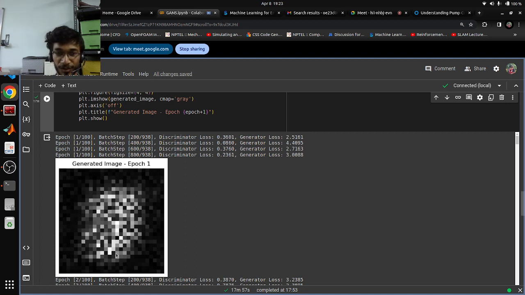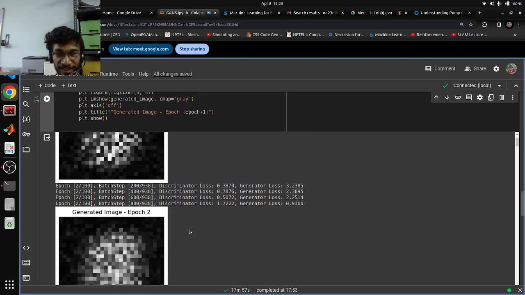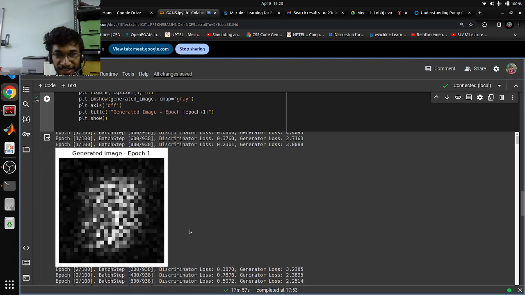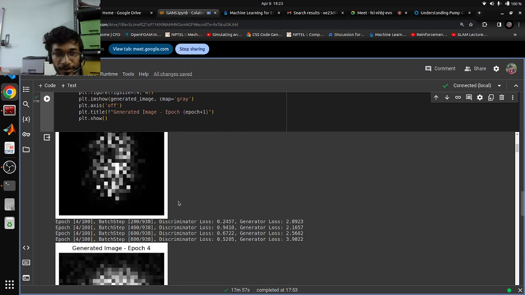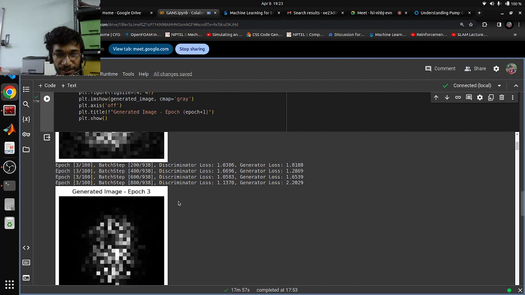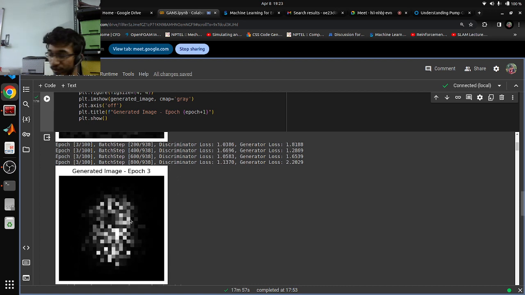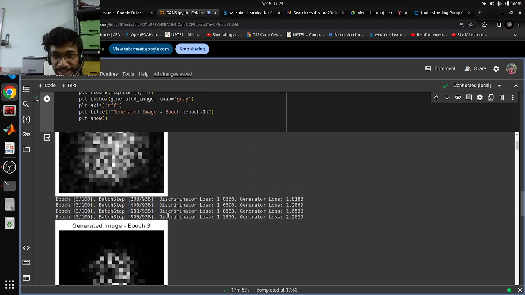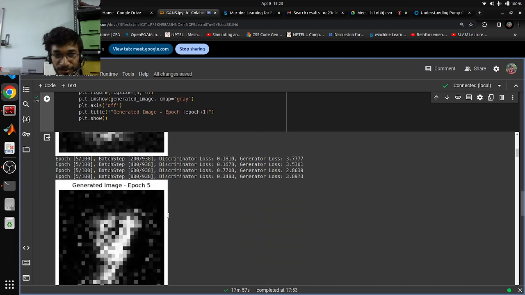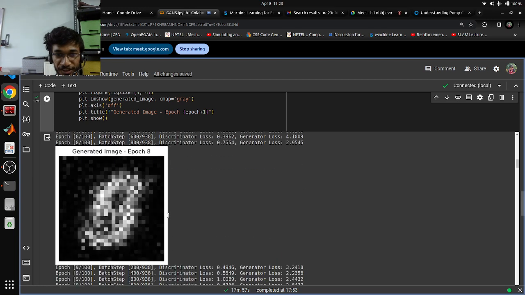So in the first epoch, you will notice that it is really bad, and this doesn't look like any digit. In fact, it doesn't have any lines or anything. But since the number is mostly somewhere in the middle, and there is a lot of black space around it, at least the generator is now learning that aspect as we move down the iterations.